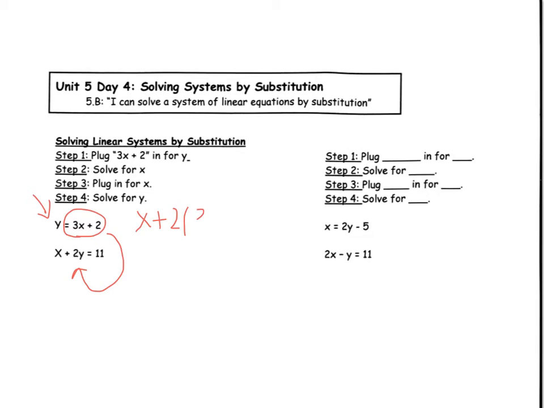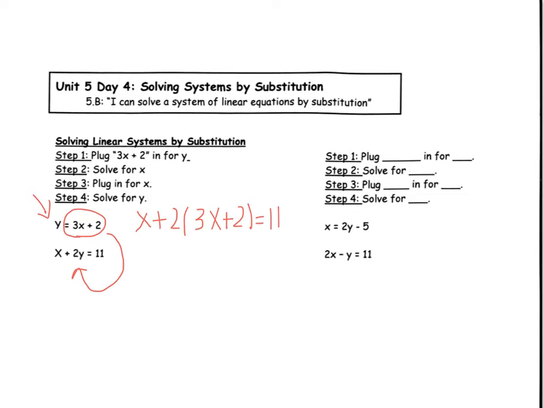Parentheses, 3x plus 2, equal to 11. So notice, I took 3x plus 2 from my first equation and I replaced y in my second equation with 3x plus 2.